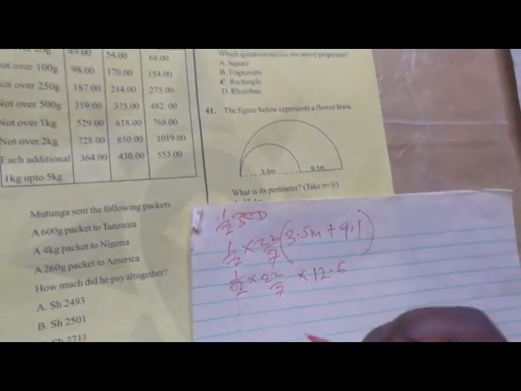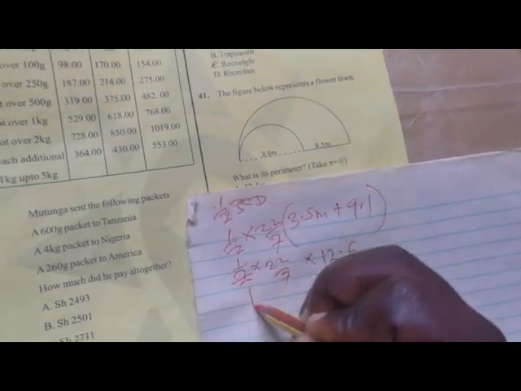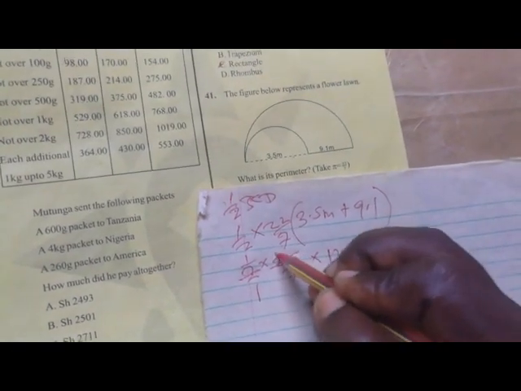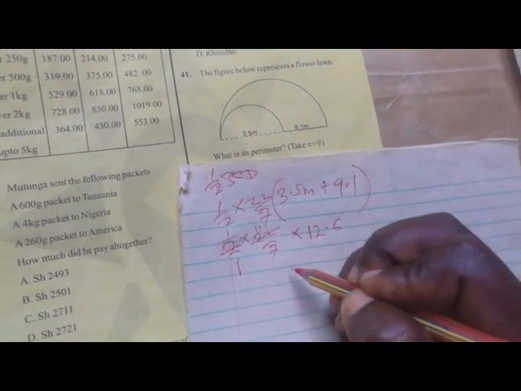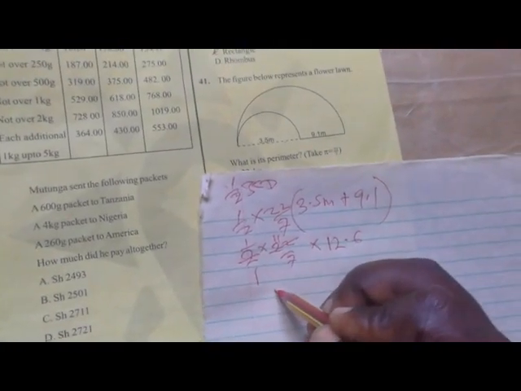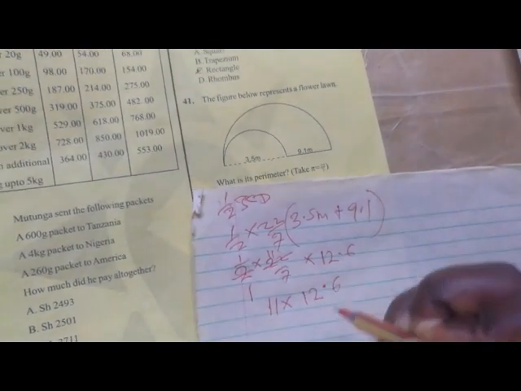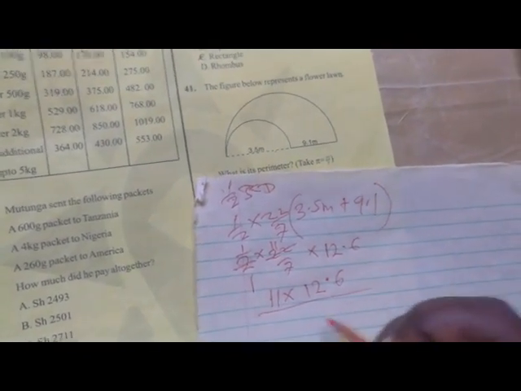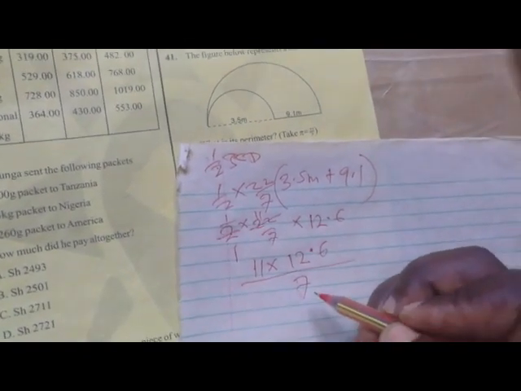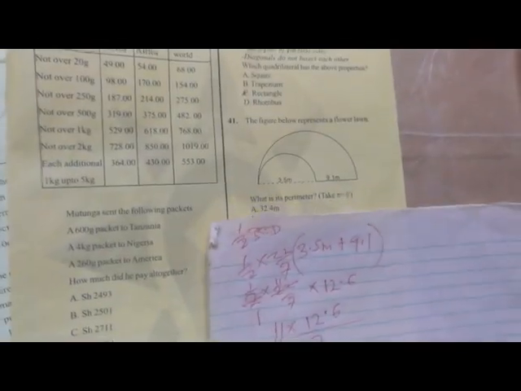12.6. 12.6 divided by 2 is 6.3, and 11 times 6.3... Therefore, this will be 11 times 12.6 all divided by 7.